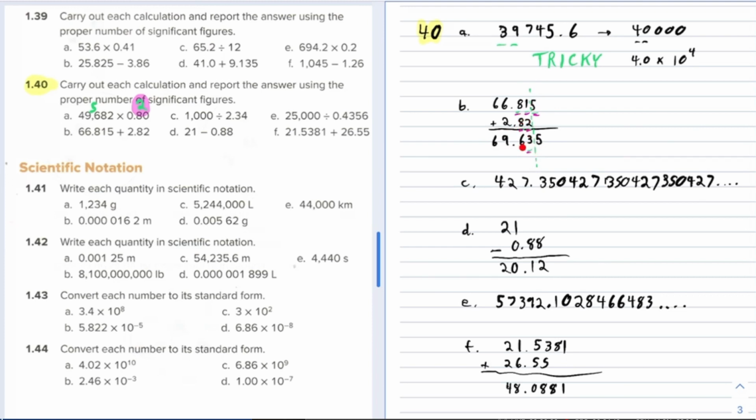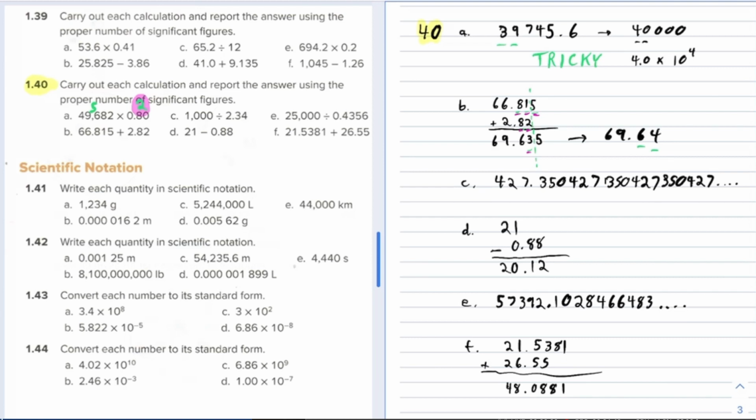So it'll only go out to the 100th. So you can round it to this position. This is a 5, so that's going to round up to 69.64. That 3 rounds up to 4. Okay, so again, the answer is rounded to the 100th position.